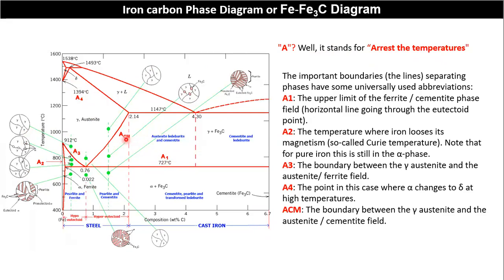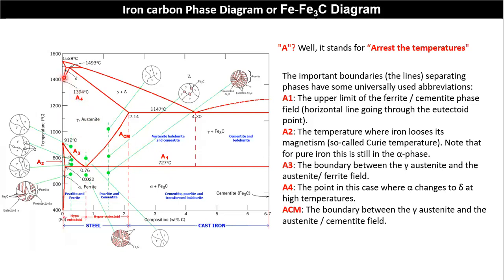ACM is the boundary between gamma austenite and the austenite plus cementite field. It is between the fields. Here A1 is 727 degrees centigrade, and A2 is alpha ferrite, and A3 is the boundary between gamma austenite and the austenite plus ferrite field. It is a mixed region. It is the boundary between fields A3 and A4.